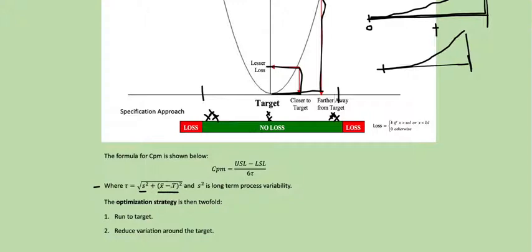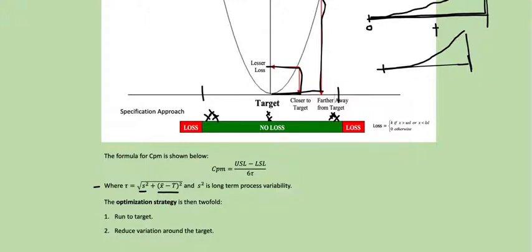So this is the loss function piece here. x bar is your process average, and if your process is on target, this term will go to 0. If it's not on target, this squared term will definitely increase this value quite a bit. So when it's on target, this goes to 0, and all you're left with is the process variability, which you need to reduce.